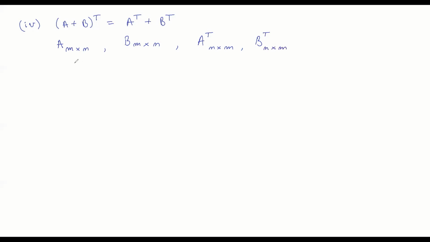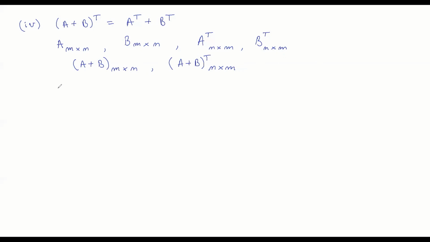Just to be orthodox about it, the type of A plus B is the same as the types of A and B, so M times N. And the type of the transpose of A plus B is N times M. So we have a chance of this sum being really exactly as the lemma claims to be.